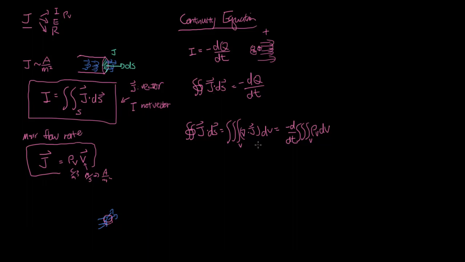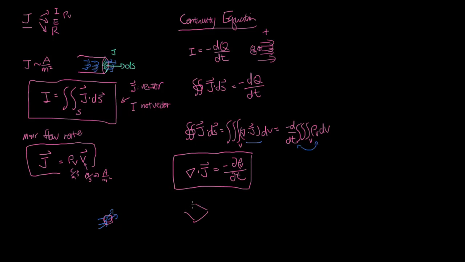So if we equate these two quantities, we arrive at the fact that the divergence of J is equal to minus d rho_v dt. Or the divergence of the current density gives you the change in the volume charge density over time. Let's take another look at this.